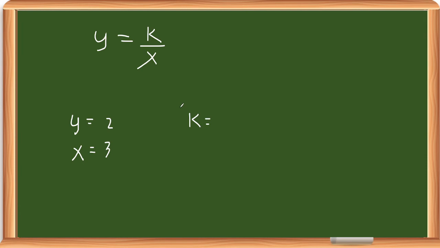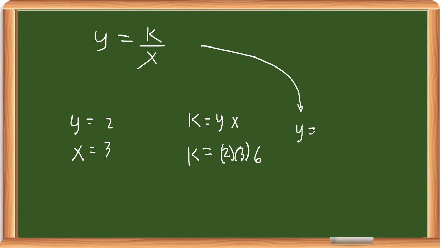Multiply mo lang yung dalawa, di ba? Ang k is y times x. So, k therefore is equal to 2 times 3 equal to 6. Now, what's going to be the equation? Gamitin mo lang ulit yan. Y therefore is equal to 6 over x. Okay, so ito yung magiging equation mo. Okay, so another example.